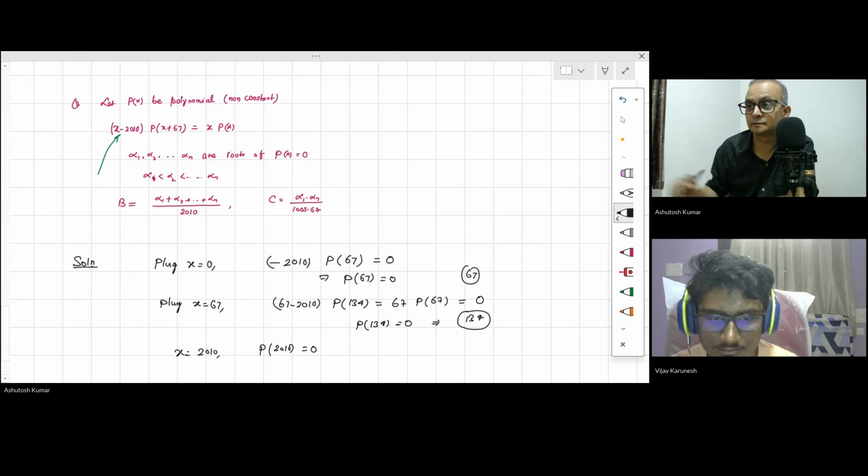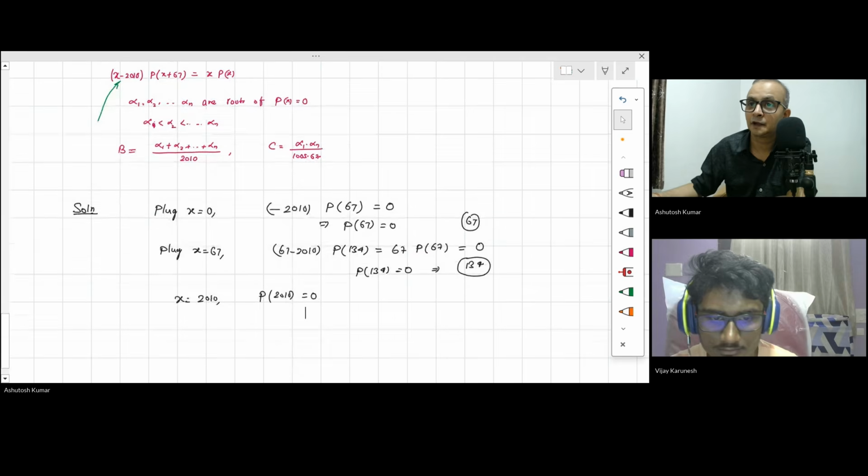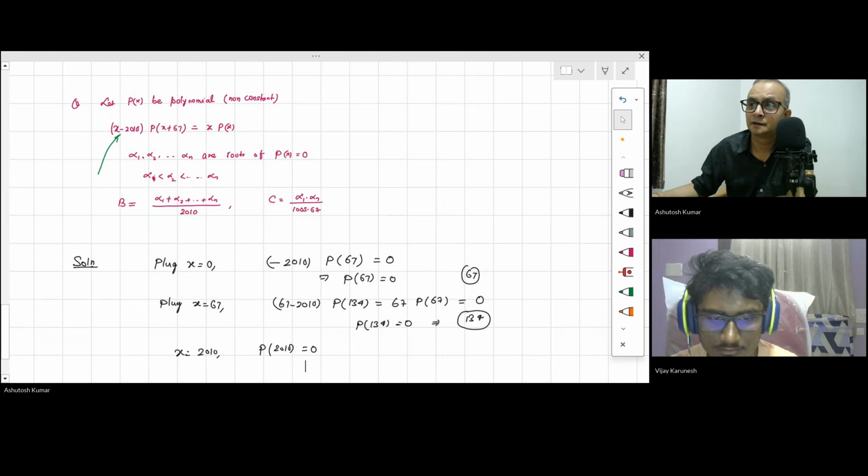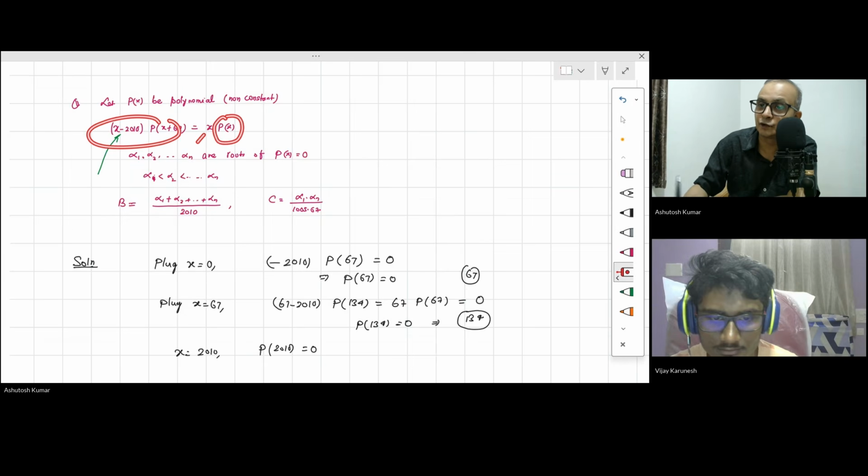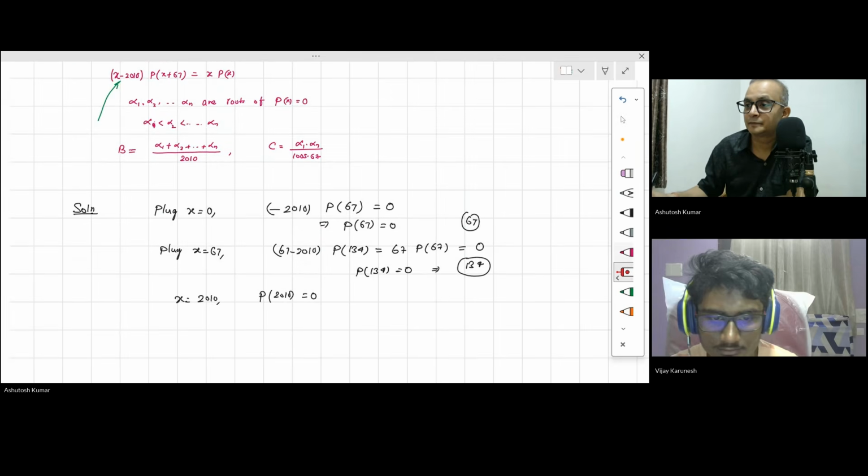So what do you observe then? That 2010 is the maximum value of the root. Yes or no?